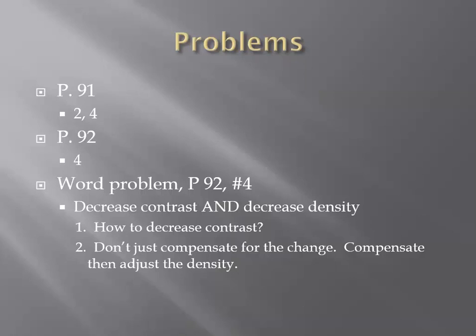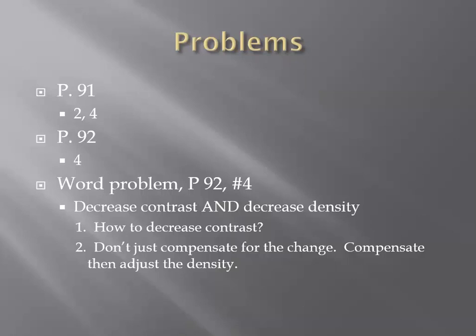And the original technique was 60 kVp, 400 mA, 0.07 seconds. So we've got a couple of things that we've got to do with this one. What we've got to do is work the 15% rule to get us to kind of a baseline. So 60 kVp times 1.15 gives us lower contrast, so that's 69 kVp.